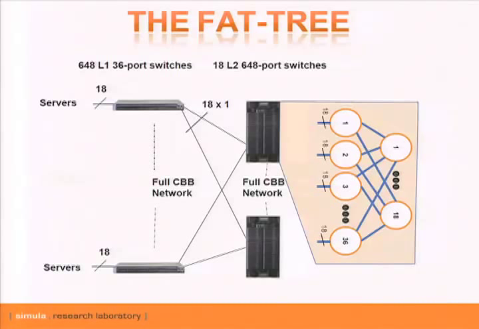Here we illustrate a 3-level fat tree, where the first level is made up of 36-port switches, but where the two topmost tiers have been integrated into multiple chassis, where each of them implements a 648-port switch, implemented as a 2-level fat tree. That's a very cost-efficient way of building a fat tree, because you get rid of a lot of cables. The links are simply integrated into the chassis.